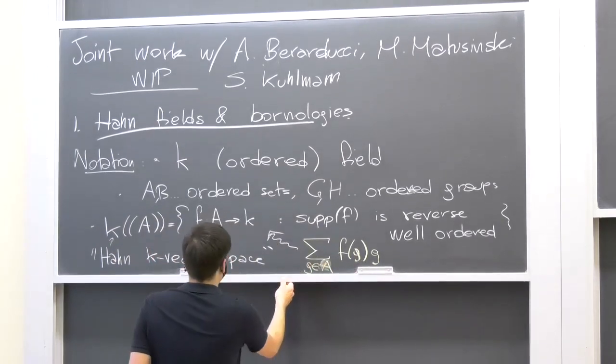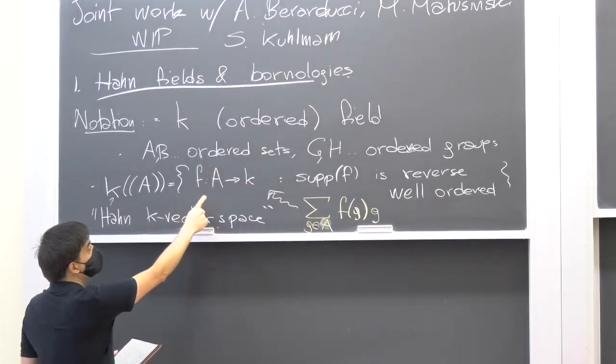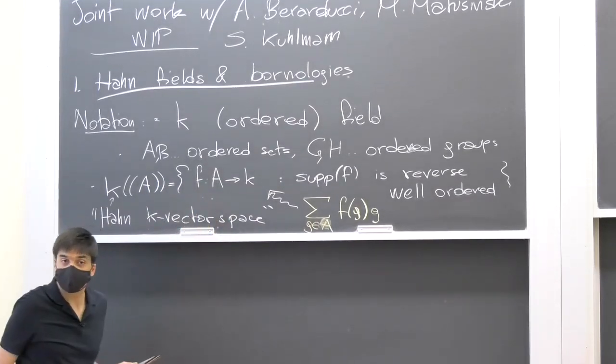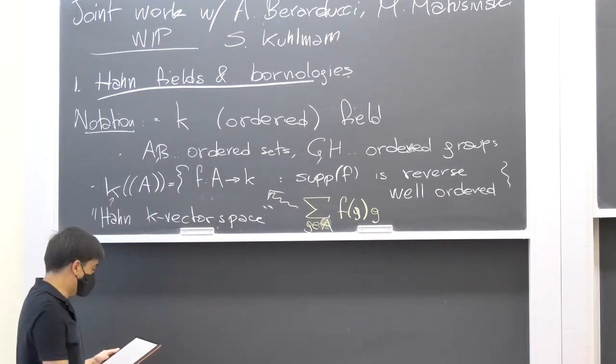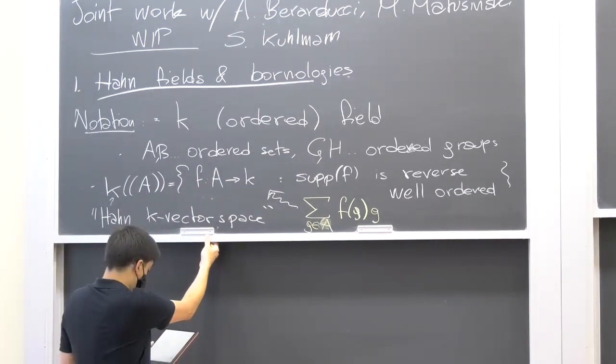And of course I say vector space because clearly there is a natural notion of sum on this object and multiplication by scalar, just the pointwise multiplication.